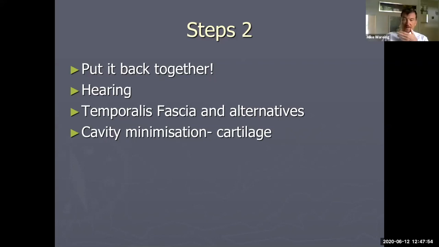Particularly even if you've done an atticotomy, you want to avoid the risk of essentially the retraction reforming and it going back through your antrum. And I would tend to block that up with cartilage. And now I'm more likely to tend to use some bone pate as well.